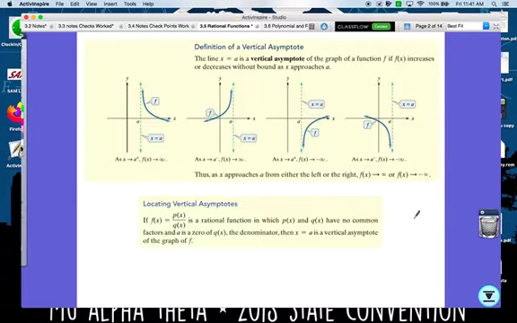Now, along with that, we have something called the vertical asymptotes. We'll see that graphically in a little bit. An asymptote is a vertical line. A vertical asymptote is x equal to some number, where the graph gets really close to it from either side. It never actually gets to that value of a.